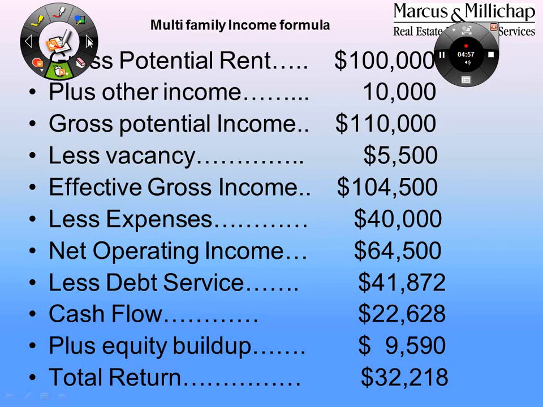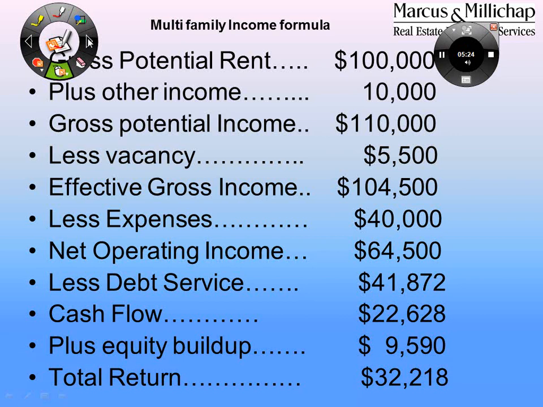Okay, so here's an example of a typical deal with its gross potential rent plus other income to get to GPI, or gross potential income, less vacancy to get to EGI, or effective gross income, less expenses to get to NOI, less debt service to get to cash flow, plus equity buildup to get to total return.